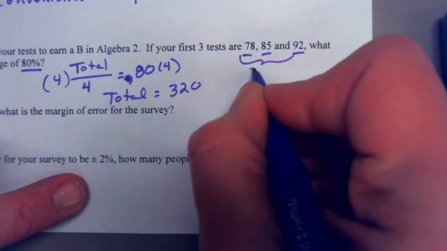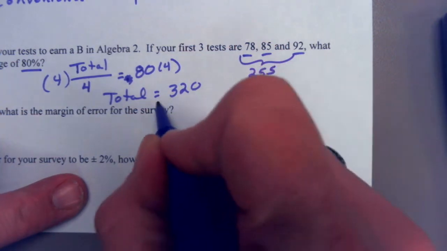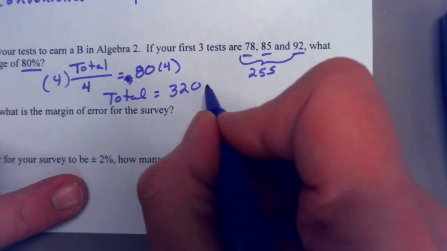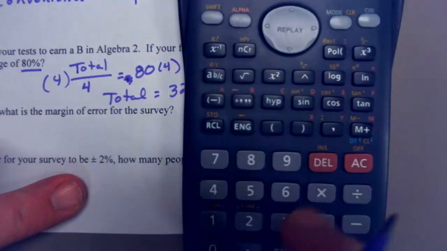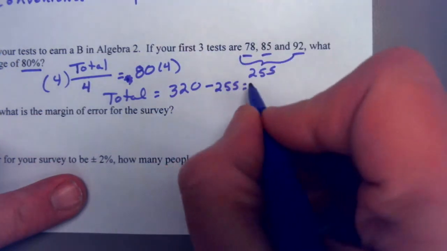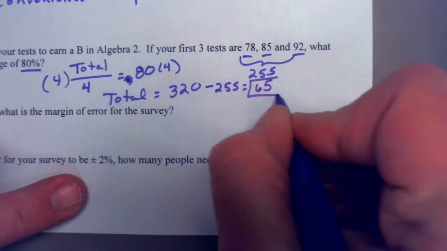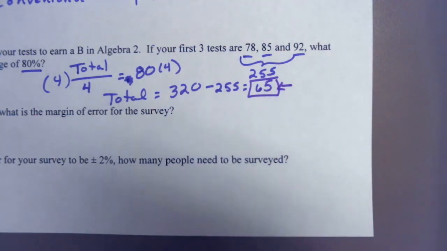So all these together are 255 points. Well, you need 320 points altogether. Subtract the 255 you have already. 65. So that's what you need on your last test in order to get an 80% average.